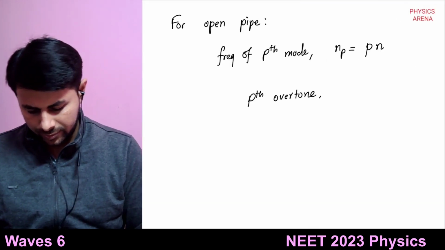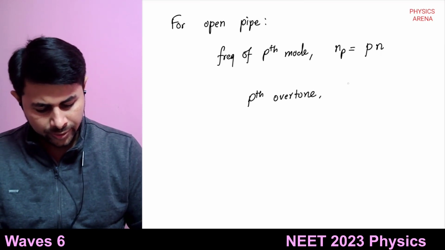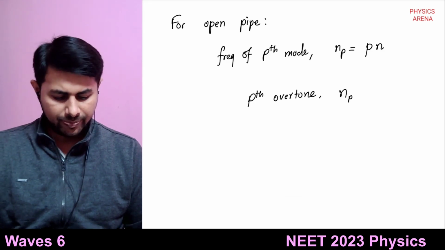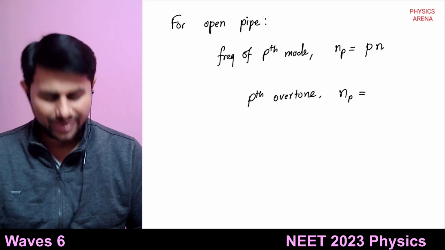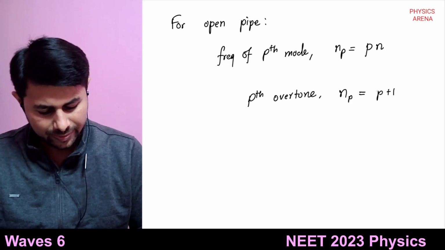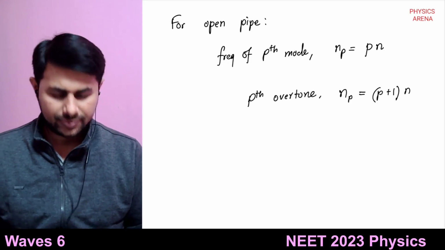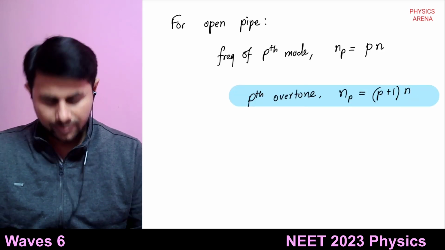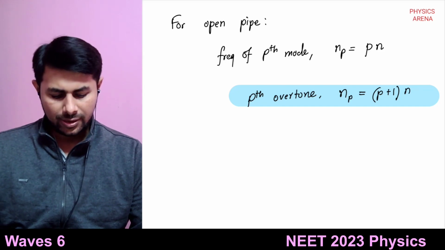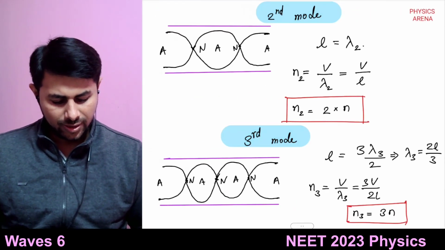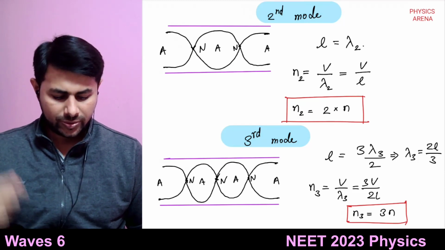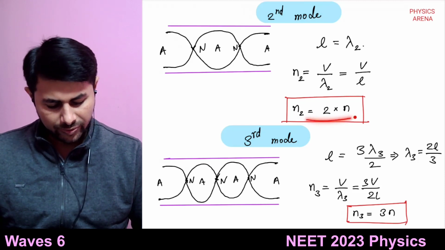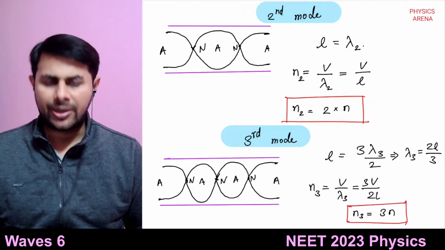So pth overtone is equal to what? I'm writing p only for overtone also, but understand that it is p plus 1 times n, right? It is p plus 1 times n. And here if you see, all harmonics are present. You have fundamental frequency, then you have second mode in which the air column vibrates with 2 times the fundamental frequency.